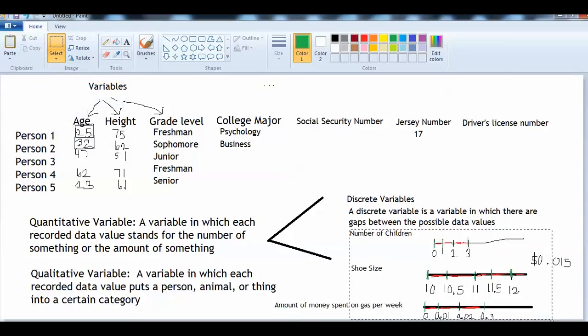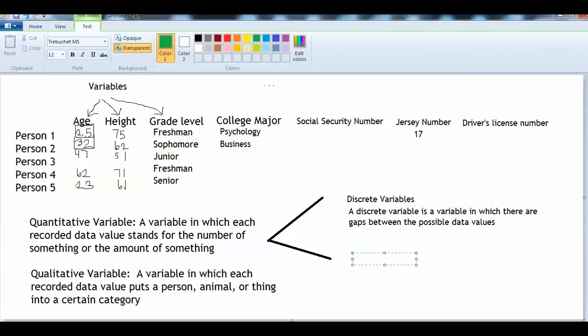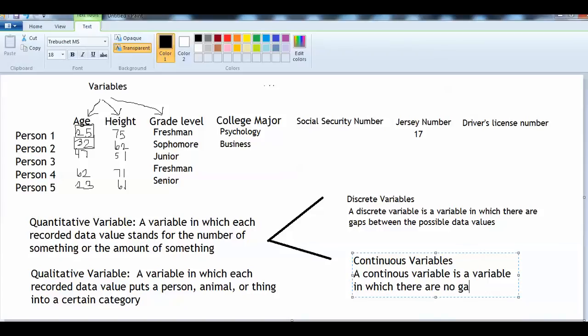The opposite is something that's continuous, where there's no gaps in the number line, in which there are no gaps between the possible data values.